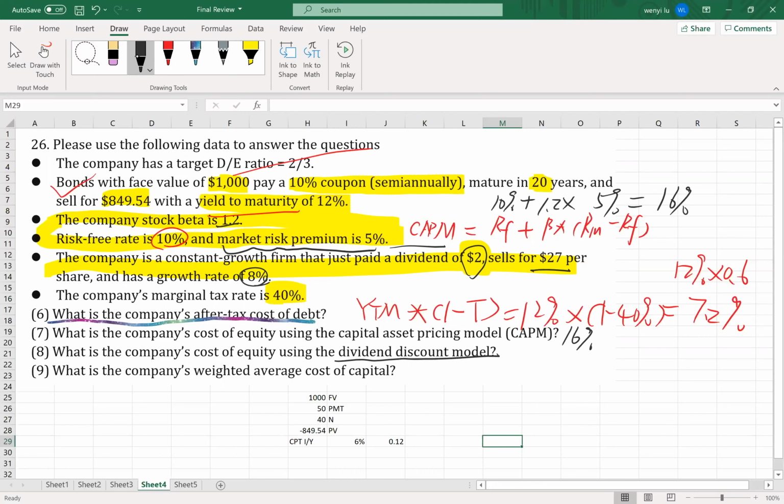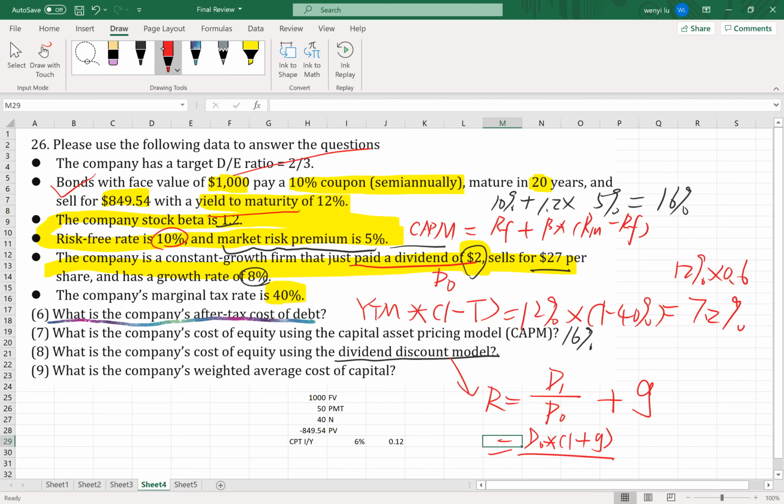So we can solve our cost of equity by using the dividend discount model. R equals D1 over P0 plus g. And be careful here, we have dividend just paid, so this one is D0, not D1. So we have D0 times 1 plus g over P0, plus g.